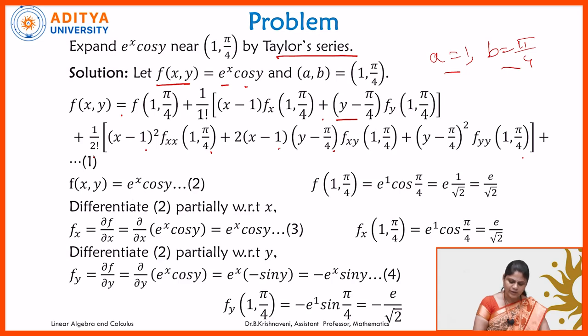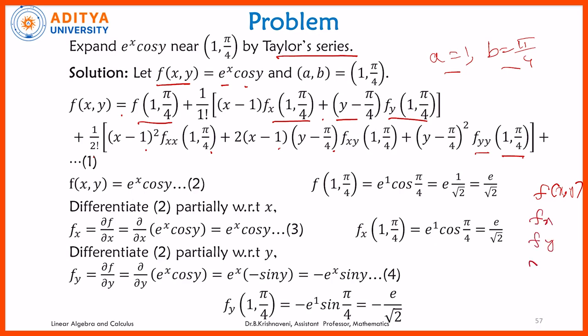So to substitute in this, we need f(1, pi by 4), fx(1, pi by 4), fy(1, pi by 4), and so on, up to fyy(1, pi by 4). In order to find these values, f(x,y) is already given. Thereafter, we need to find fx, fy, fxx, fxy, fyy at the given point, that is (1, pi by 4).